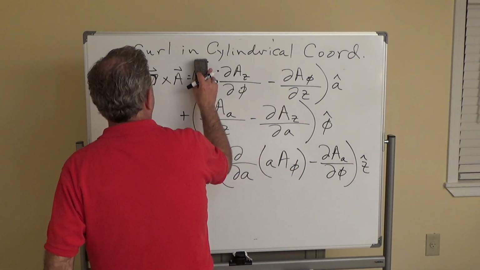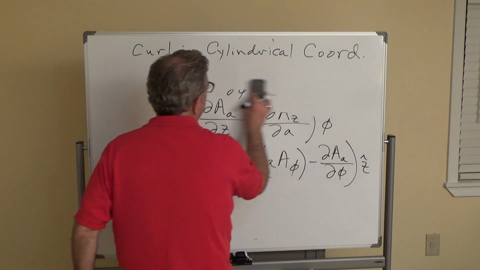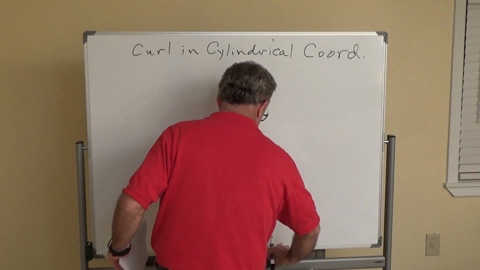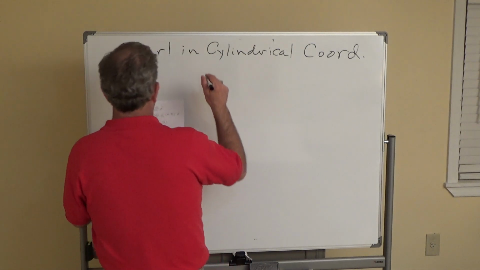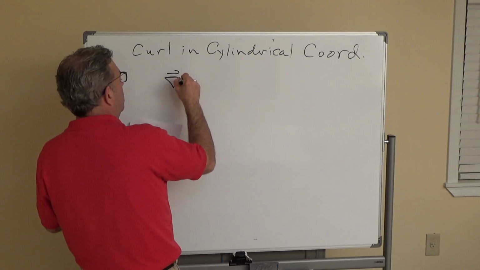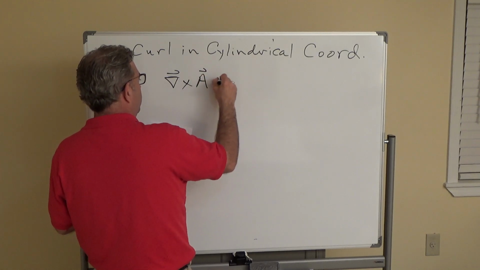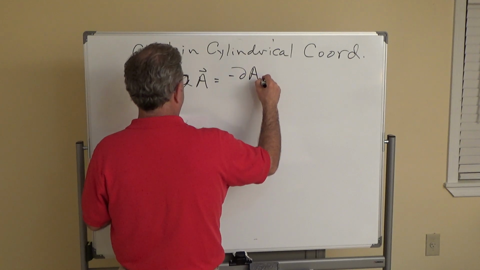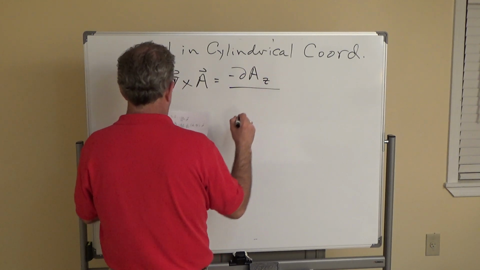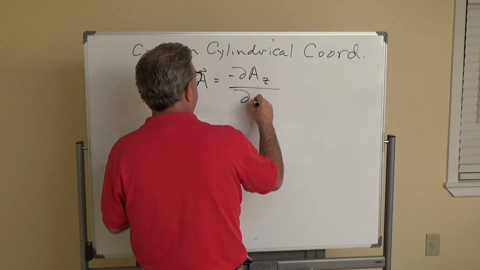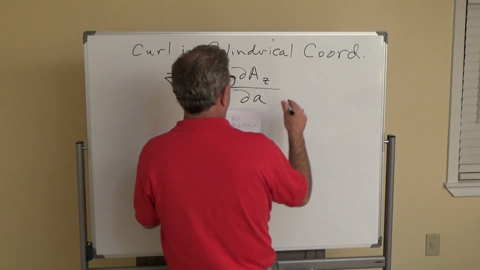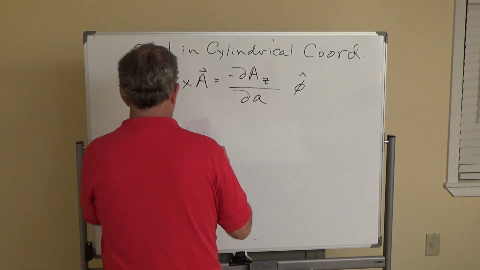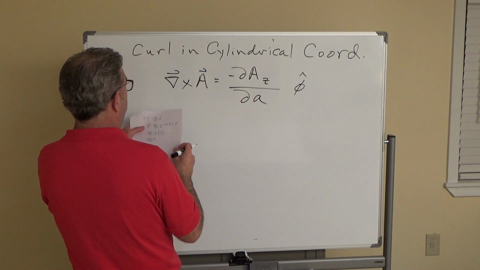So you get that del cross A is equal to minus the derivative of A_z with respect to a, phi hat. So let's do that derivative.